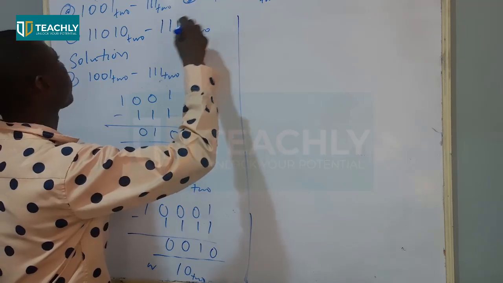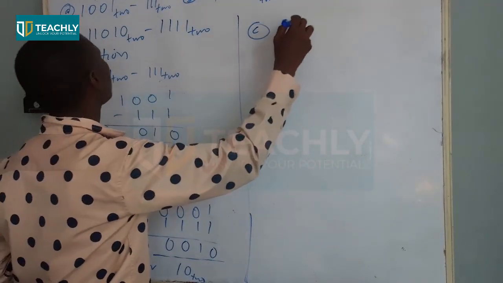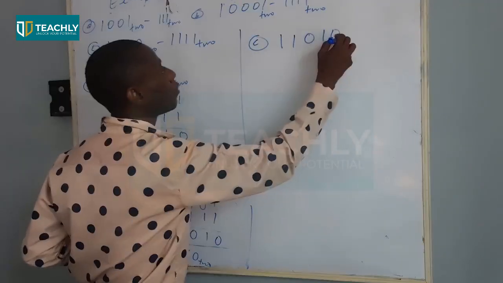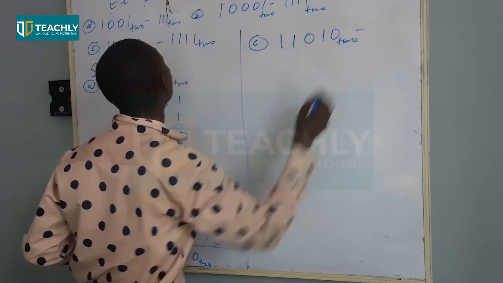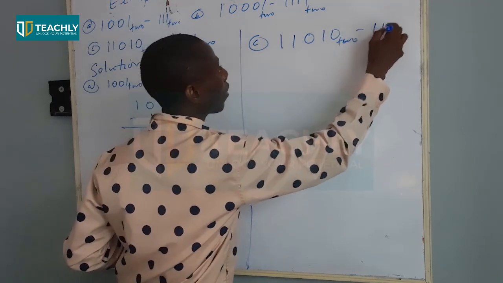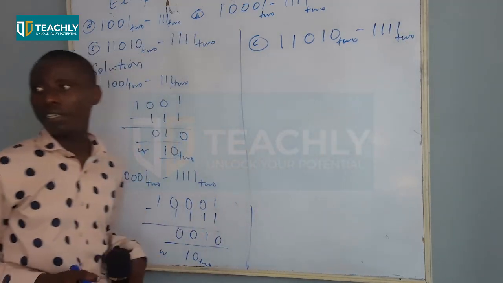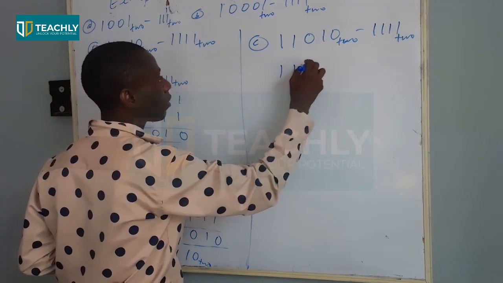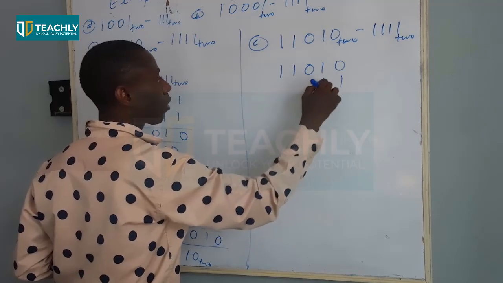That is C. C, you have 1, 1, 0, 1, 0 base 2 minus 1, 1, 1, 1 base 2. So let's rearrange. We are rearranging it to have 1, 1, 0, 1, 0, and then 1, 1, 1, 1.